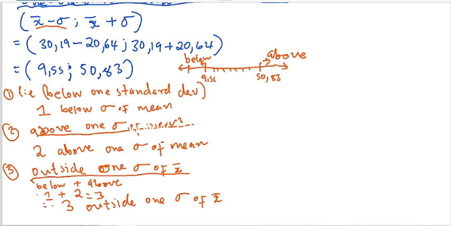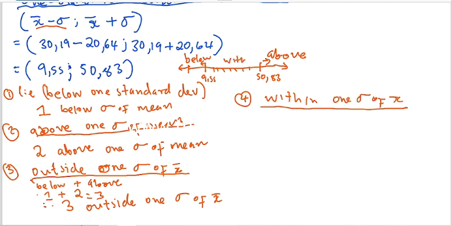Now number 4, they can say this will lie within one standard deviation of the mean. If they are saying within, they want the numbers that are greater than 9,55 but less than 50,83.